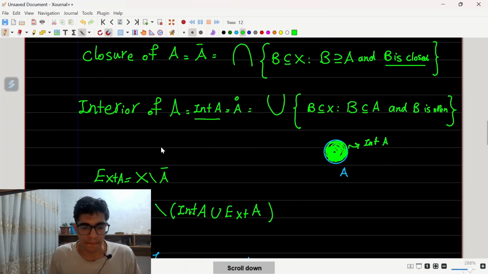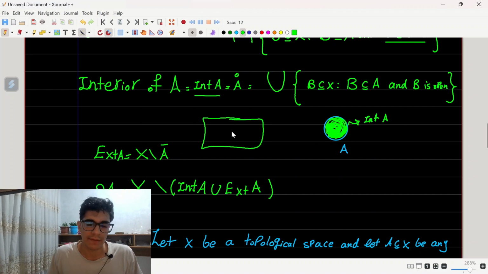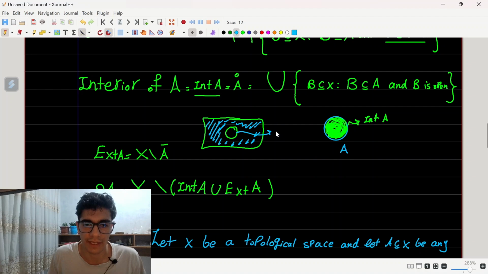And then we have the exterior of A, which is X subtracted by A bar. Again, let's suppose that this is A, then the exterior of A will be all of the points that are outside of A, excluding also the boundary.